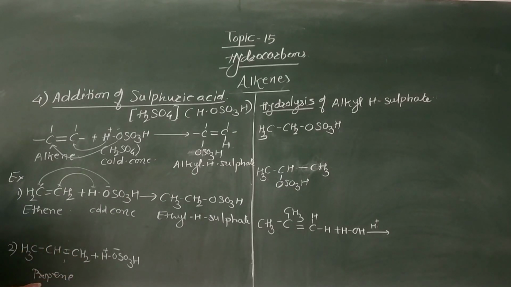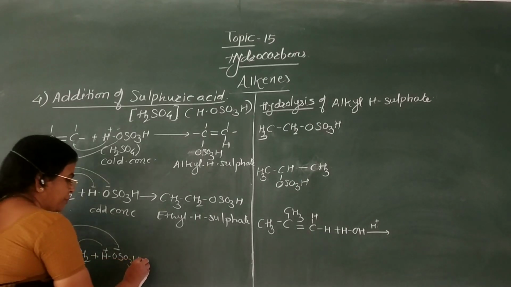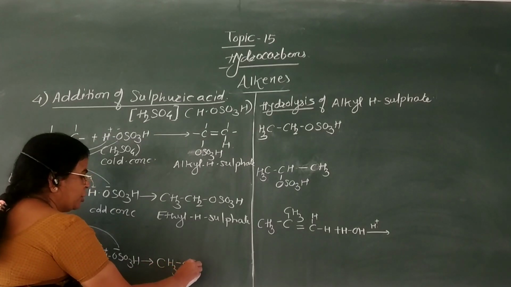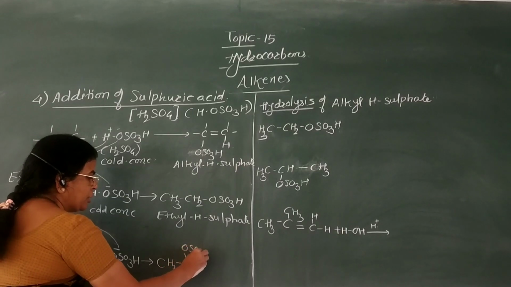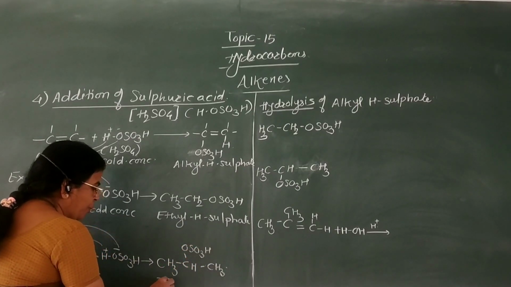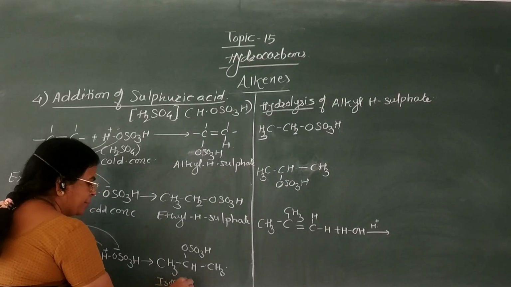Therefore it is an unsymmetrical alkene, and when addition of H2SO4 is carried out across its double bond, then the negative part of the reagent goes to that carbon atom of the alkene which carries less number of hydrogen atoms to form CH3CH(OSO3H)CH3. This is isopropyl hydrogen sulfate.